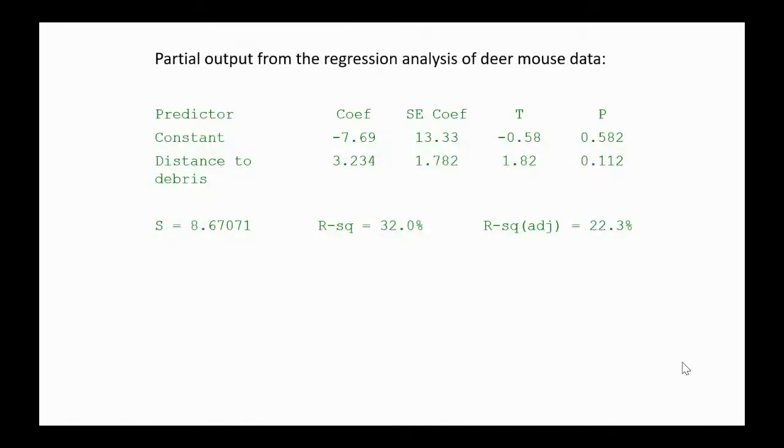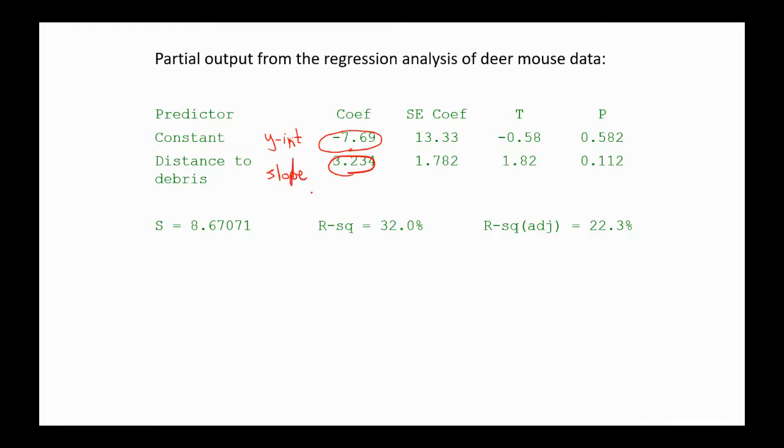Okay, so on this output, real quick. This is that deer mice example. What does this negative 7.69 tell us? This is the y-intercept. What's this 3.23?